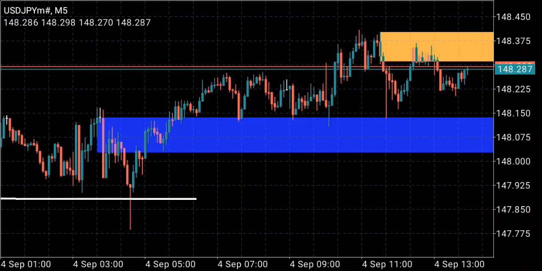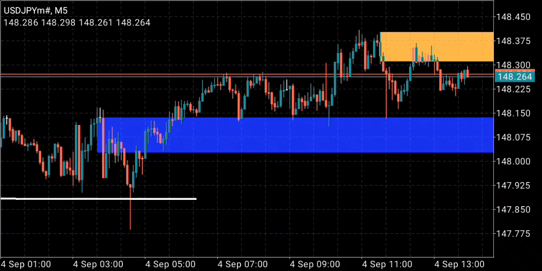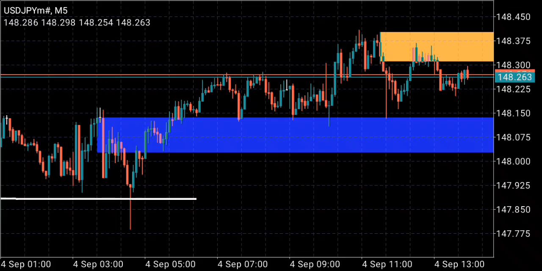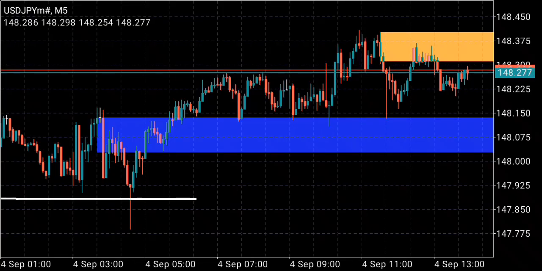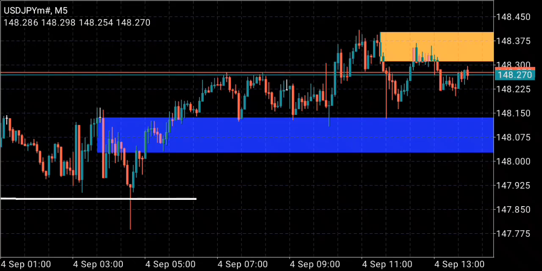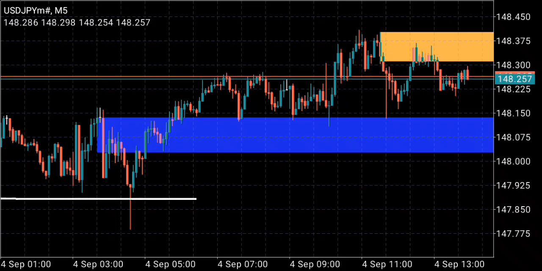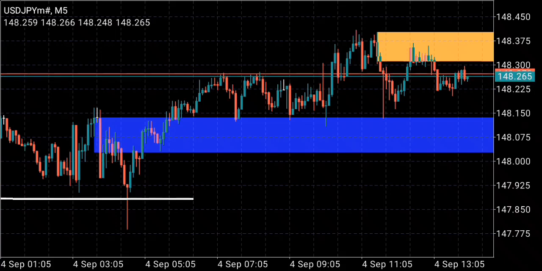But if you're not confident and you don't have enough journal entries for those cases, then you must take note and practice patience as well. So let's wait and see if price will go higher, because that is the idea that we are looking for at the moment.